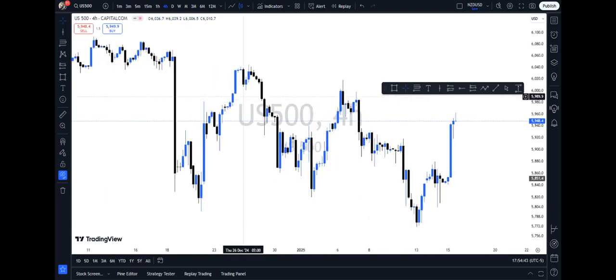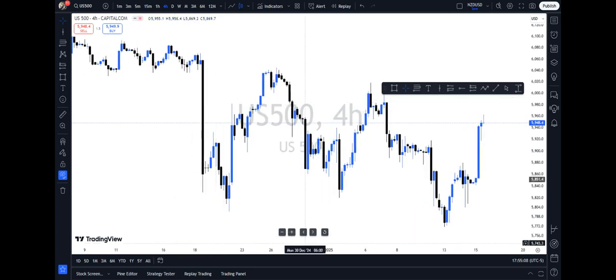Why is it called a fair value gap? Because price is lagging between the open of this blue candle and the high of this blue candle, that is, the low of this blue candle and the high of this black candle. There's an inefficiency in price. That means this long down candle coming downward is called an inefficiency.